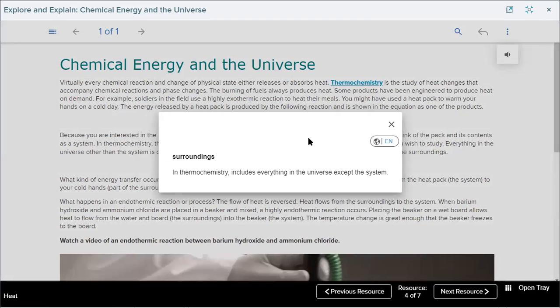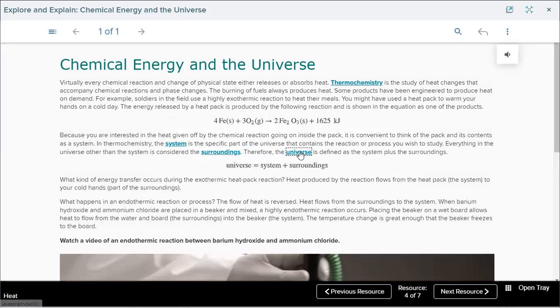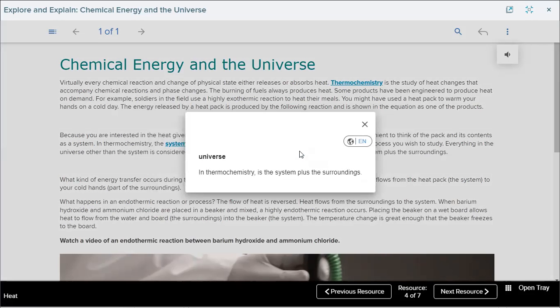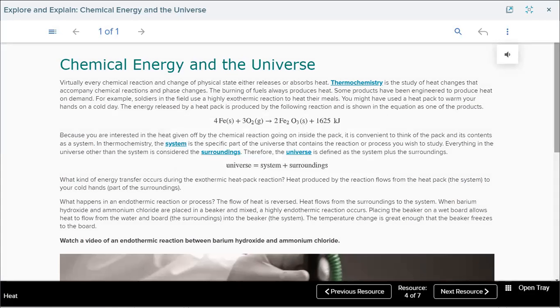It includes everything in the universe except the system. What about the universe? In thermochemistry, it is the system plus the surrounding. Right. Okay.